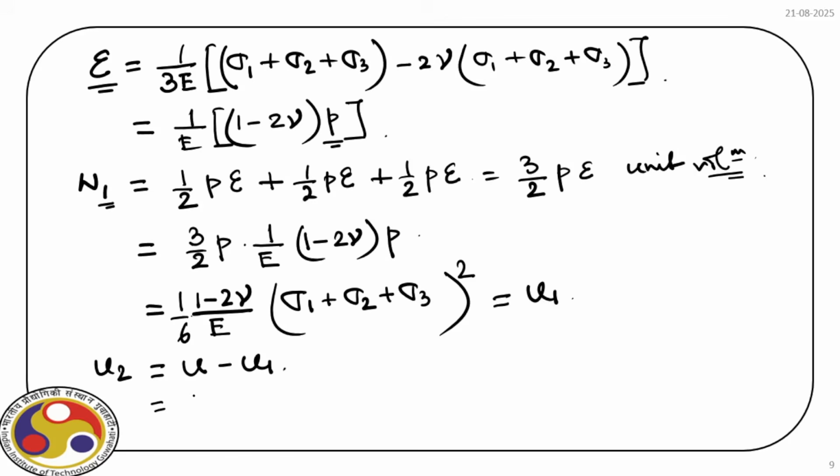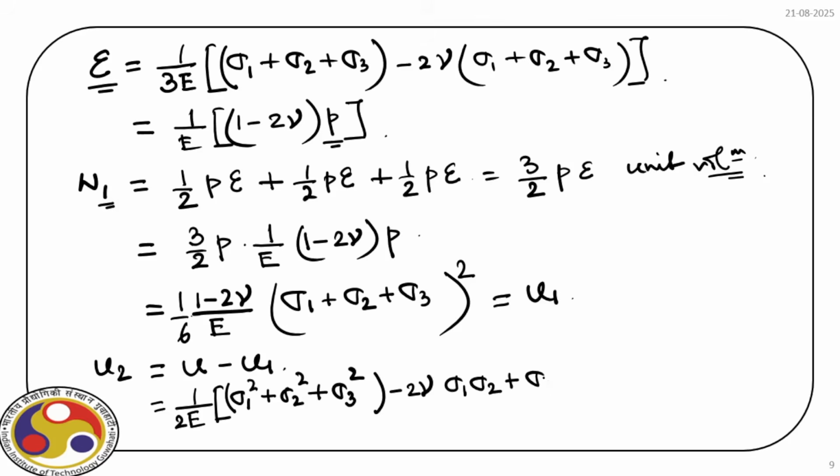So if we do that, what we have is 1 by twice E, then within bracket we have sigma 1 square plus sigma 2 square plus sigma 3 square minus twice nu, then we have sigma 1 sigma 2 plus sigma 2 sigma 3 plus sigma 3 sigma 1.